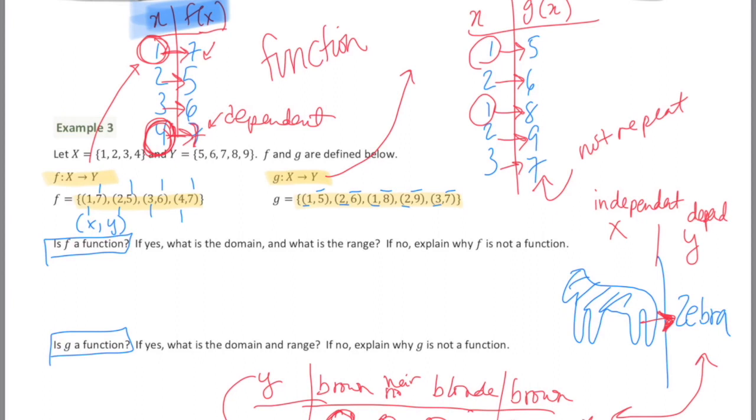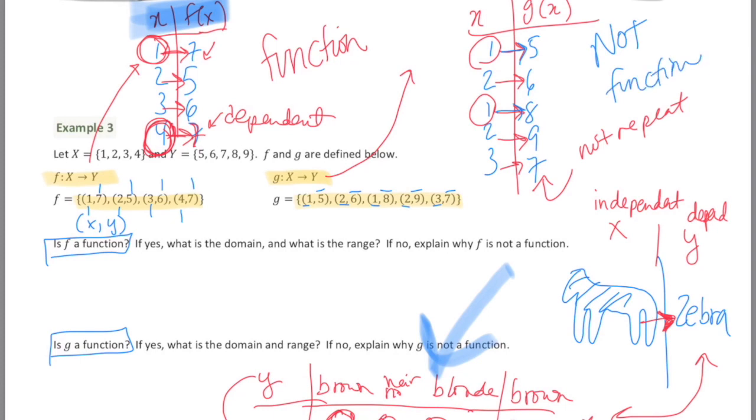I'm going to bring it back to the example of the hair here. I can't say that my name is Claudia Romano and I have no hair, but I also have brown hair. That's not possible. I either have no hair or have brown hair. This cannot happen. My independent variable cannot correspond to two different y values. So this tells me this is not a function.